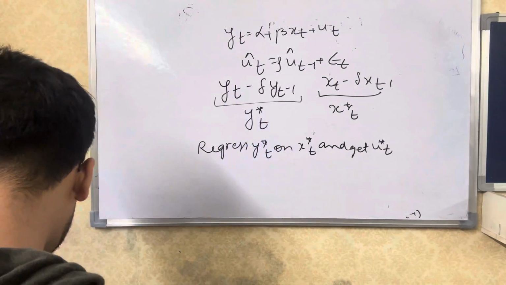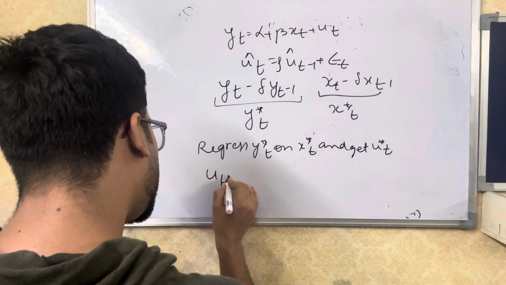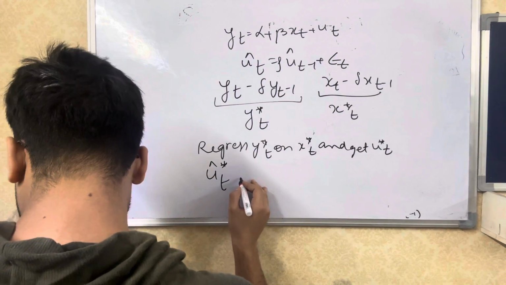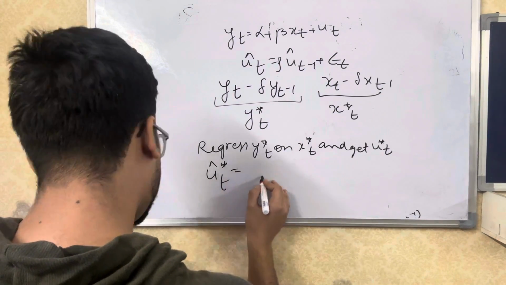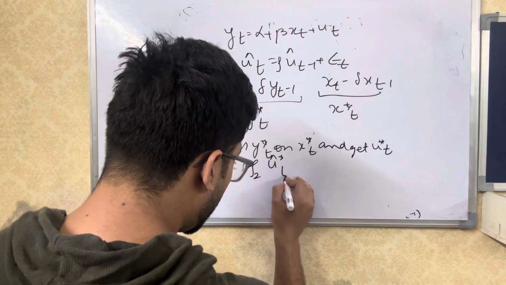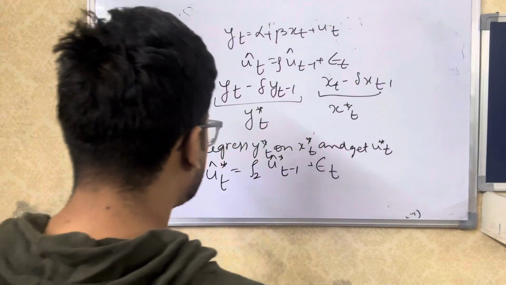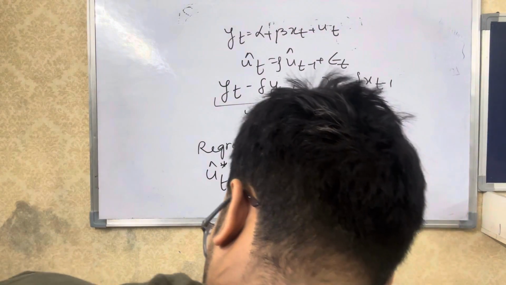So you got u star t. Now this u star t will be correlated with u star t minus 1. That is obvious.